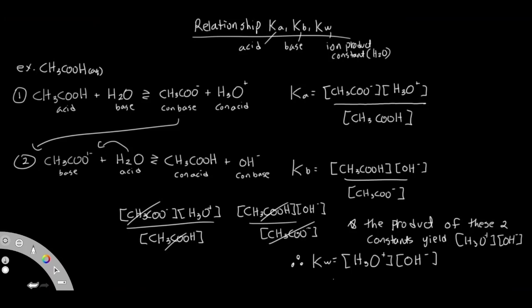So we can actually shorten this down as Kw is equal to our Ka times our Kb. Since the overall equilibrium constant is the product of these individual equilibrium constants.